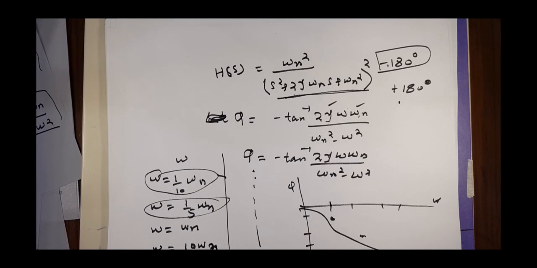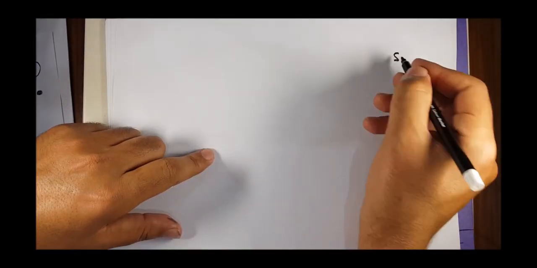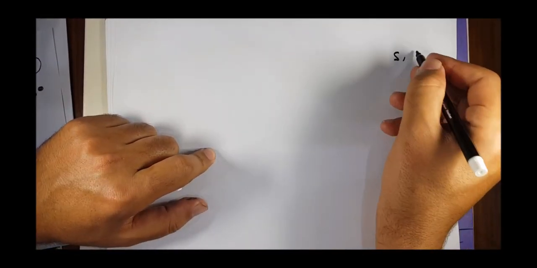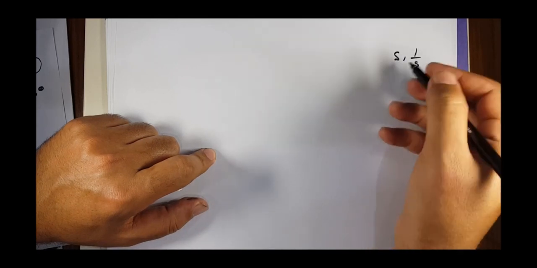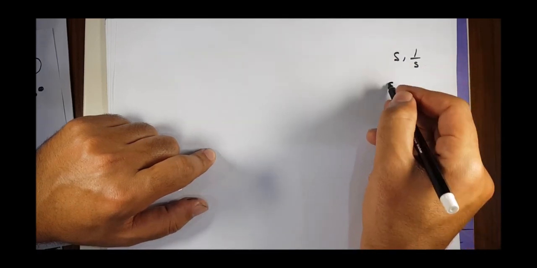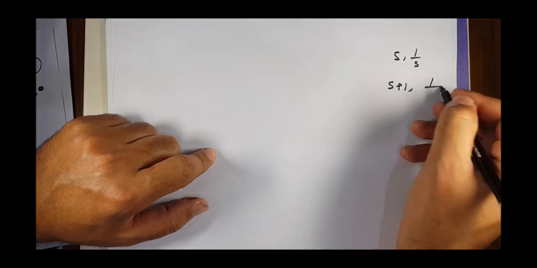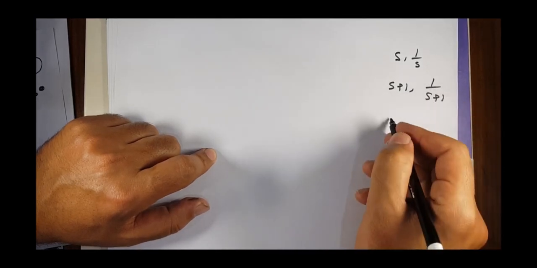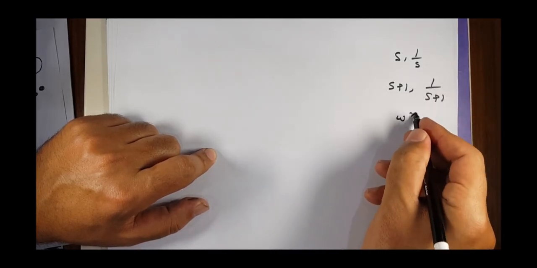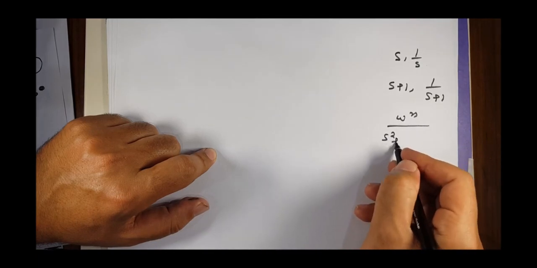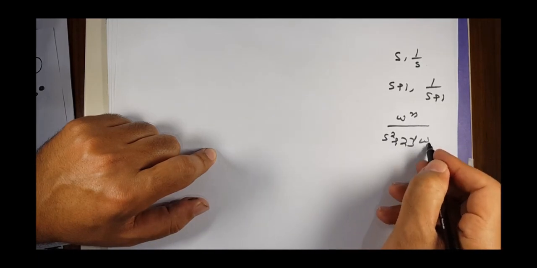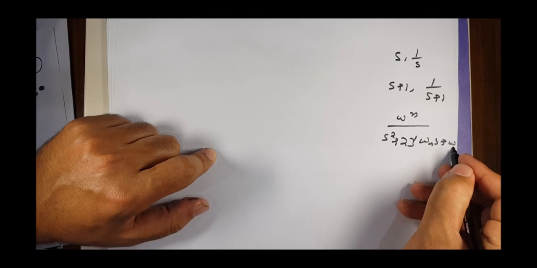I hope we understand how to plot phase for simple poles, zero at origin, pole at origin, simple zero, simple pole, complex poles, or complex zeros.